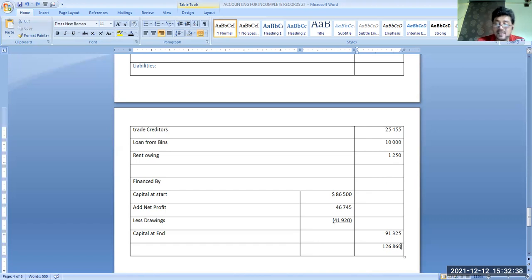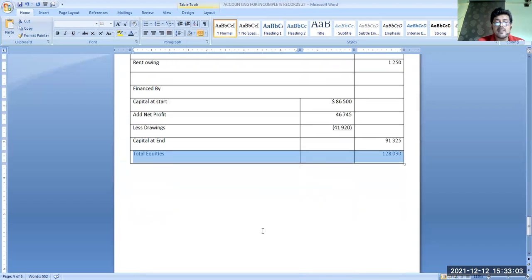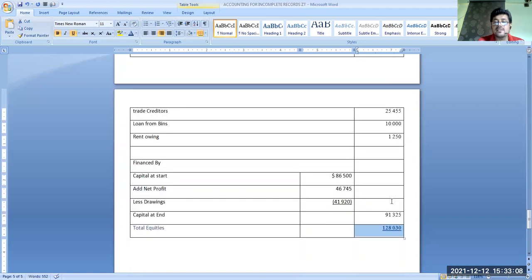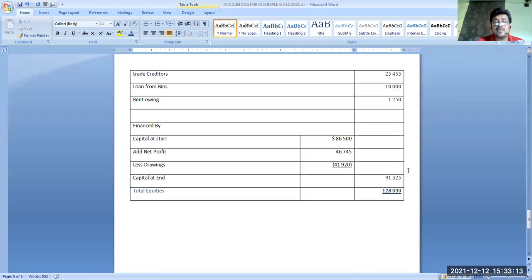Yes, it's done. We call it total equities. Now the balance sheet is agreed.